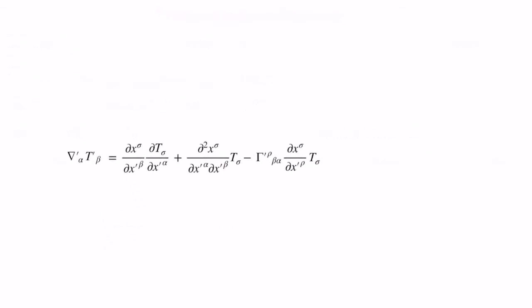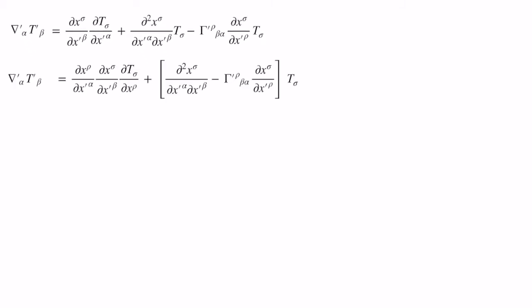Let us also look at this. Before going any further, let's rewrite this equation collecting all the relevant terms. The first term is essentially coming because of the transformation. We are rewriting differentiation with respect to the x variable, you can say it like that, and the second and third have the common factor of T sigma.